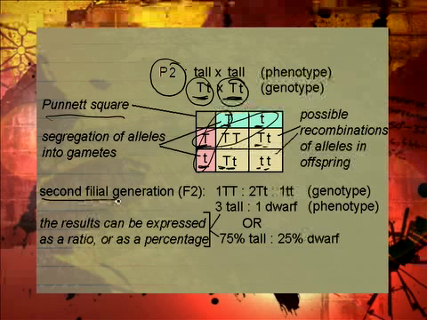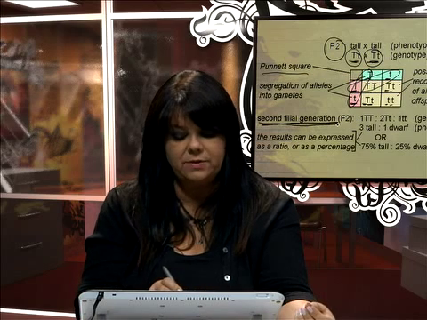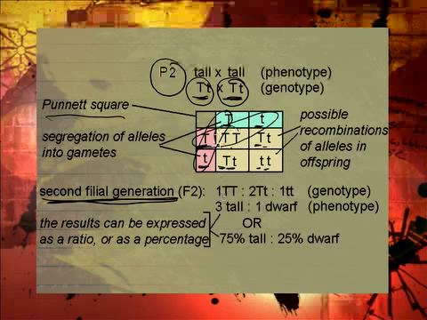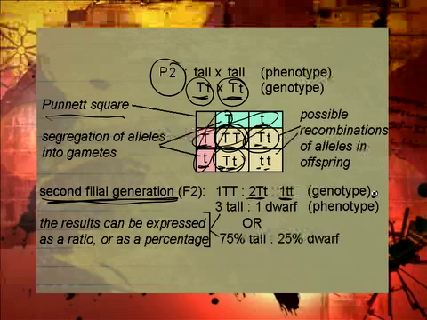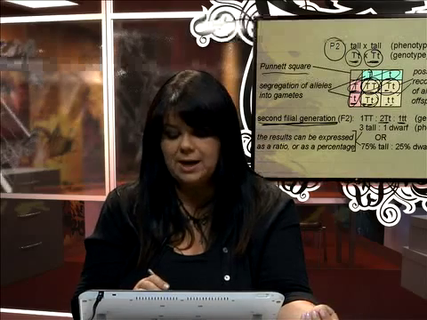So our second filial generation, the results of this cross, 1 capital T capital T, to 2 capital T small t, to 1 small t small t. That is our genotype. What does that translate to in the phenotype?